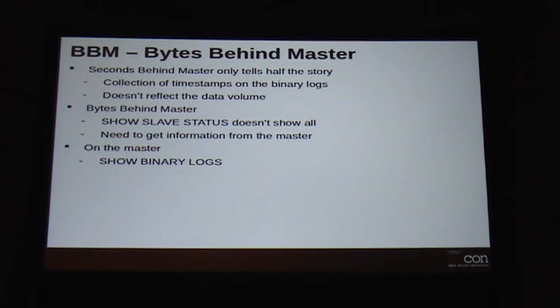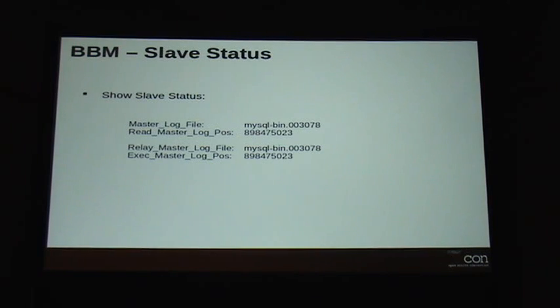On the master, basically what we do is show binary logs. So these are the 4 lines within slave status that we're interested in. The master log file and the read master log position mean the latest information the slave actually retrieved from the master.